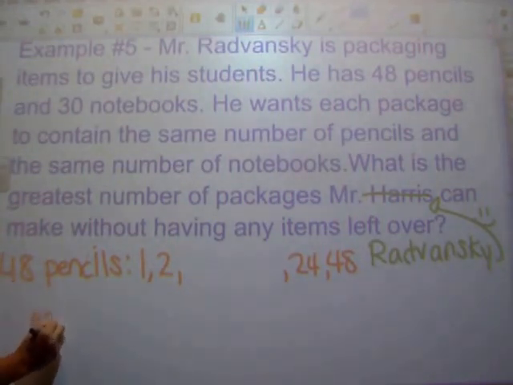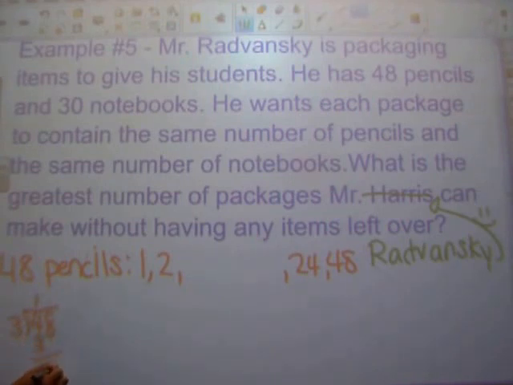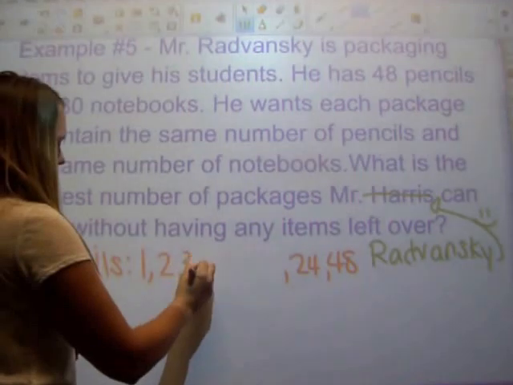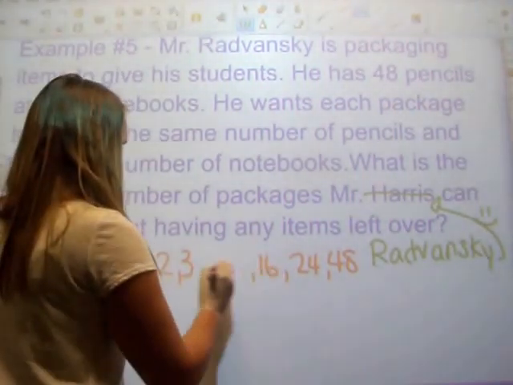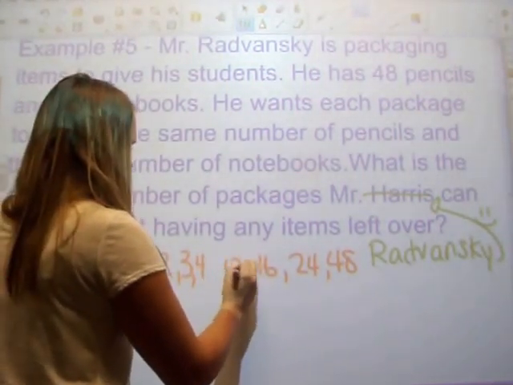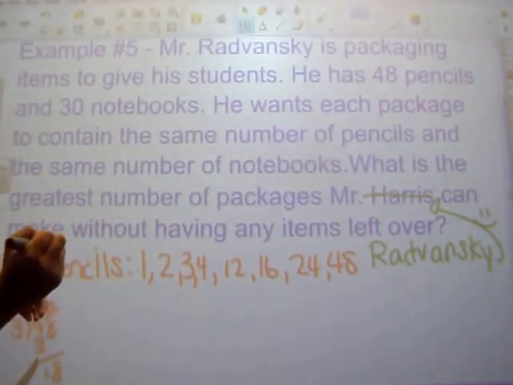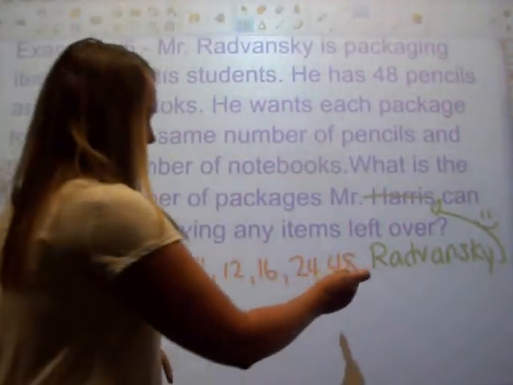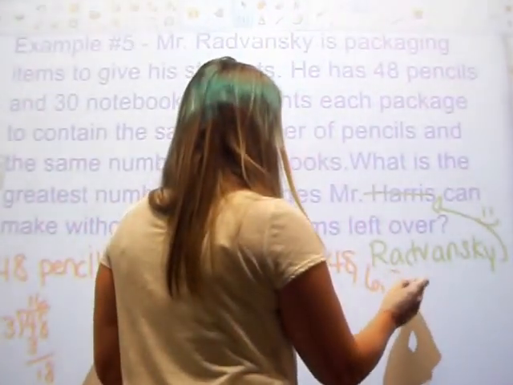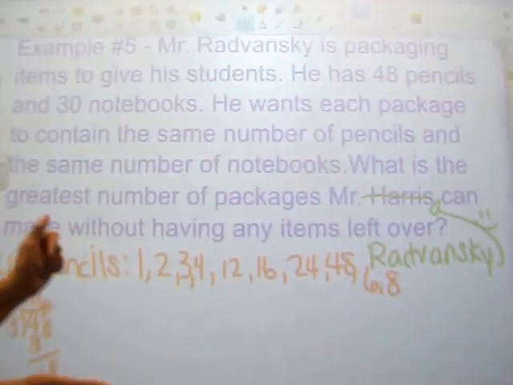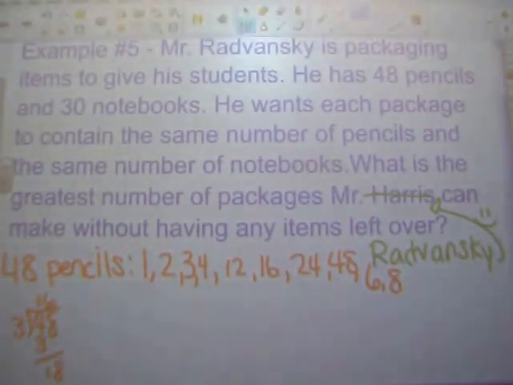So let's see how many times. 16 times. So 3 times 16, 4 times 12, and then 5 doesn't, and then 6 times 8. I'm going to list those out over here. So these are all of the different ways that 48 can be divided evenly.